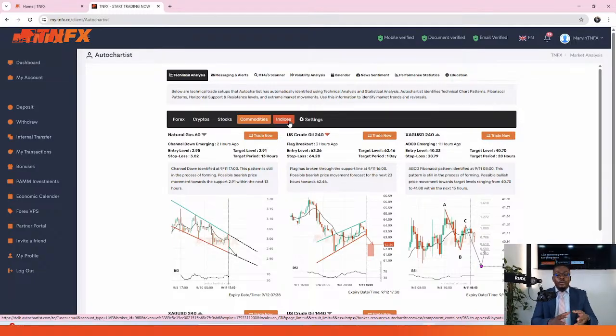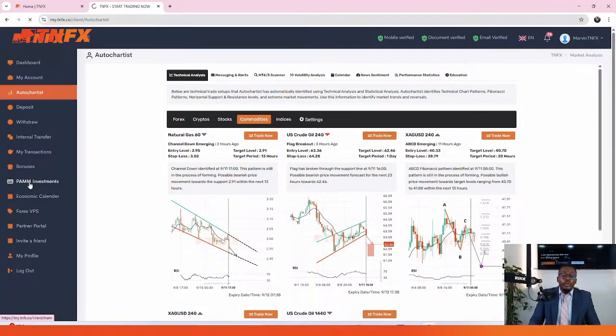So if you can set pending orders for all these asset classes or all the signals, imagine, because the returns when we're looking at it is like 90% most of the time, they're accurate. So if you can execute pending orders on all of them and you just close, you will be profitable. It's an easy way to make money, taking advantage of the auto charts.